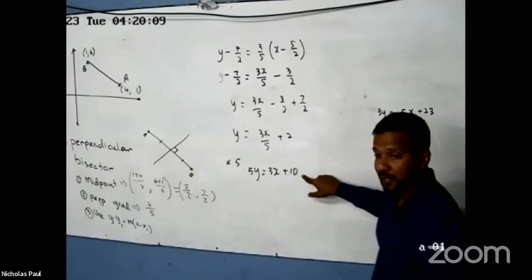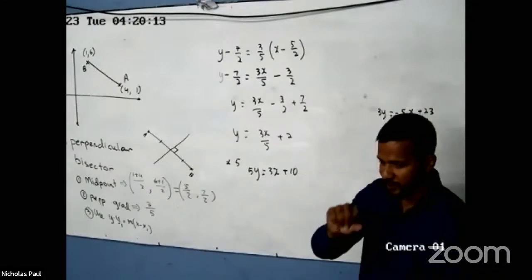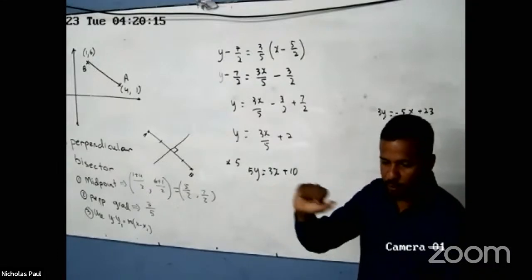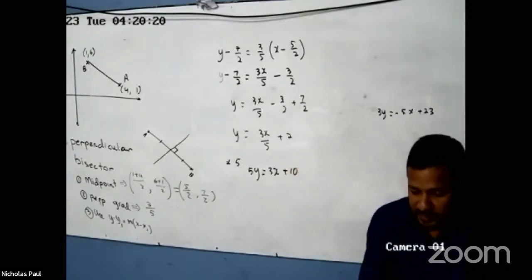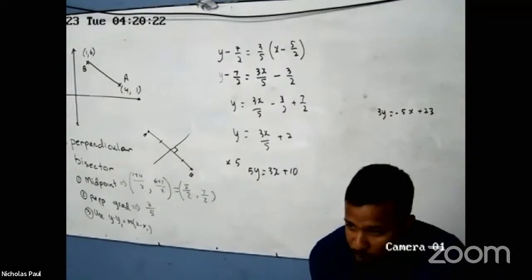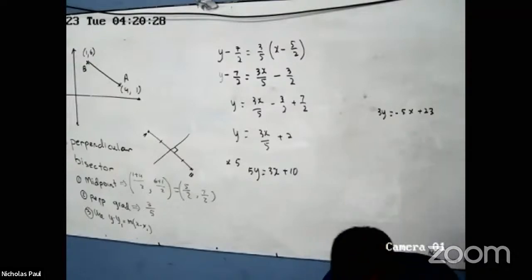This is the second line, the perpendicular bisector. So just read the last part of the notes I gave you at the beginning of the class. Whenever you solve two equations simultaneously, what are you doing? Tell me what you're doing. Alejandro, you there still?